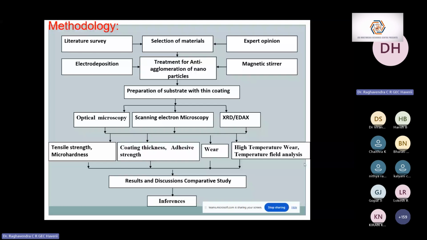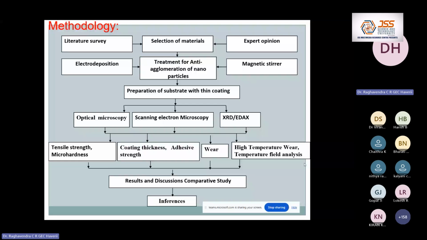In the plasma spray coating method, the coating materials are melted up to their melting point and coated on the surface, and the oxide formation after reaching those melting points should not influence it. Those aspects will be checked by XRD or EDAX, where we will study the compounds or the composition formed on the coatings.